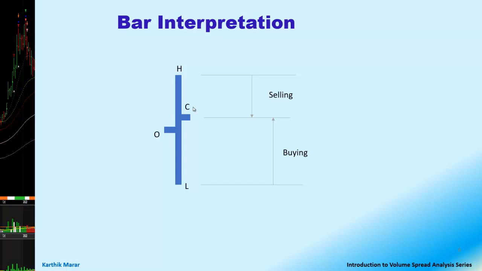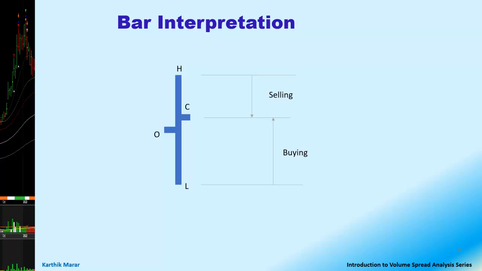Similarly, the value of close minus low, we take as representing the buying. If the price was at low and has closed up here, that means there has been buying or demand which has pushed the price up from low to close. So this is the buying pressure or selling pressure. We take these as a rough estimation, and this is quite useful in our interpretations.